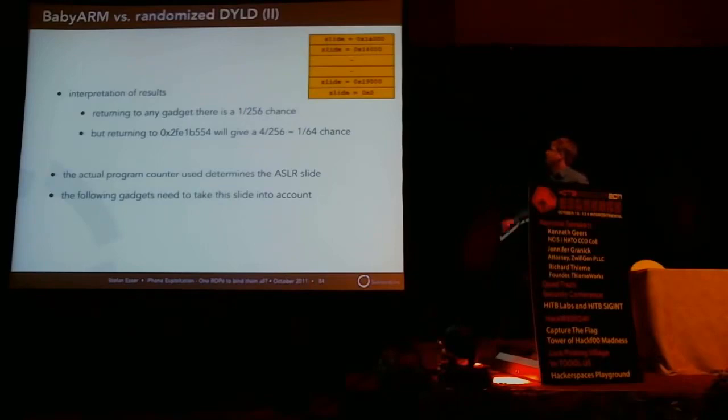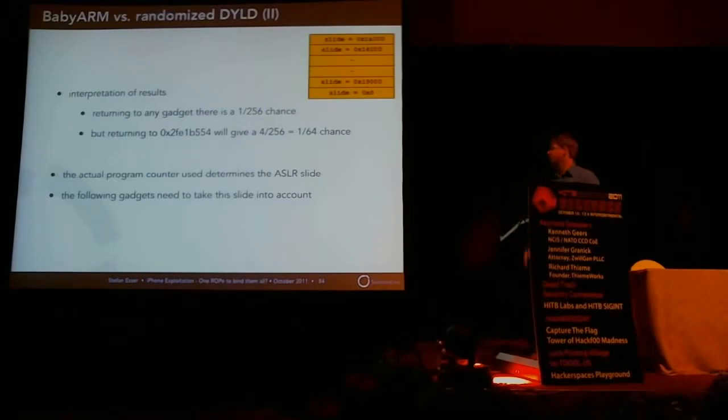If the second one was taken, the slide will be 1, 4, and so on. And so you know exactly the offset by which your dynamic linker was moved. So again, you can calculate for each gadget the moved address, and then you do the same as before, but this time you just do it for 4 cases. It's better than nothing, but not what I hoped for.